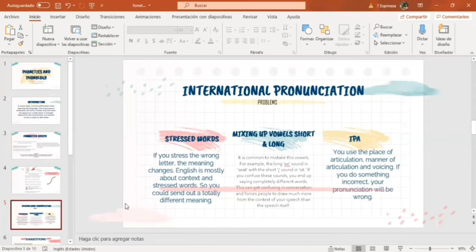They won't understand anything if you mix up the vowels. And the last, in the IPA, you use the place of articulation, manner of articulation, and voicing. Again, if you do something incorrect, your pronunciation will be wrong. So you have to be careful with the vowels and the stressed words.